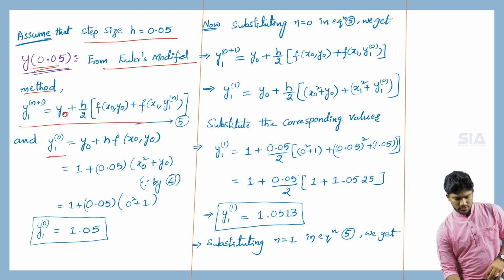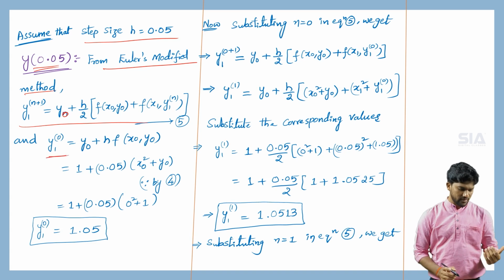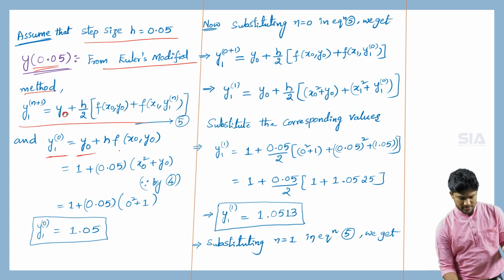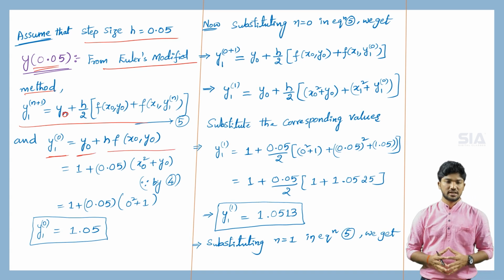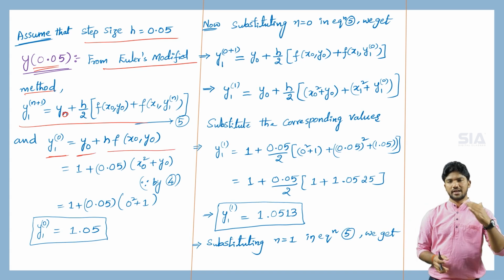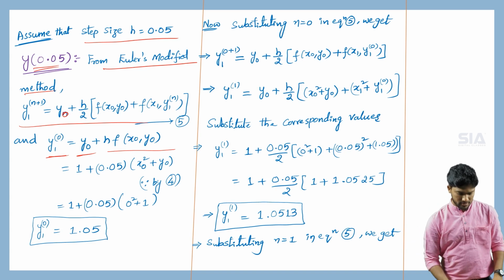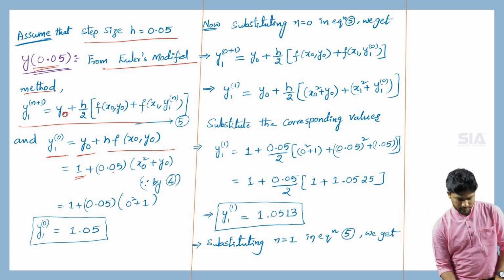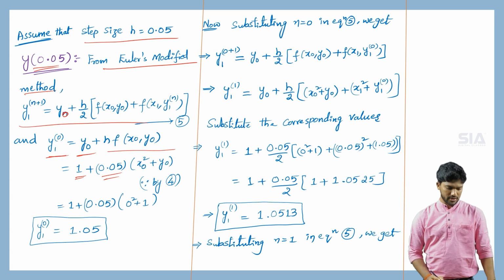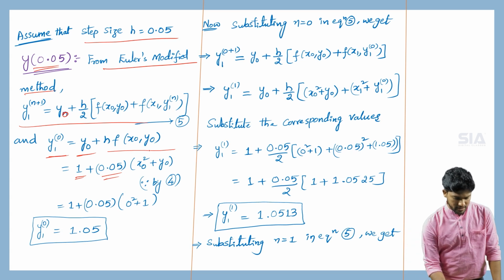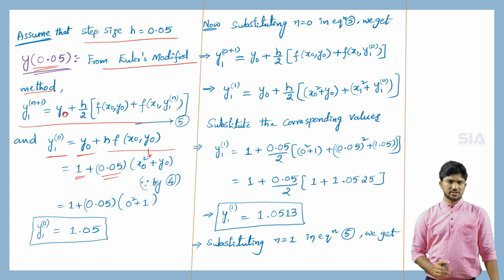So therefore, the initial approximation we can take y1 of 0 is equal to y suffix 0 plus h into f of x0, y0. We can take the initial approximation by Euler's method only. So therefore y0 value is 1, h is 0.05. Okay, and what is f of x0, y0? Function is x0 square plus y0.